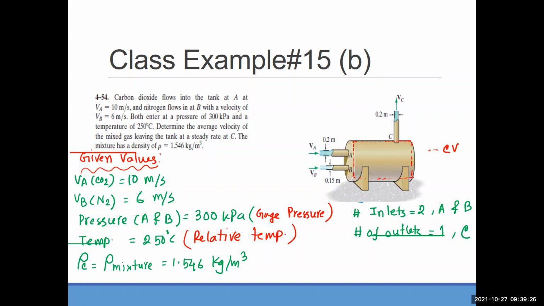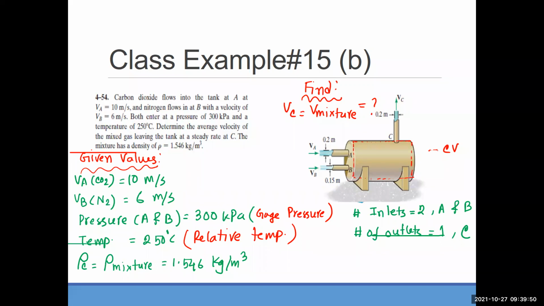Now, after all these given values, what do we need to find? The velocity at C or the velocity of the mixture, right? So V_C, V mixture. I need to find that out.